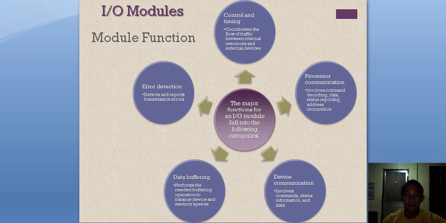The data are buffered in the input-output module and then sent to the peripheral device at its data rate. In the opposite direction, data are buffered so as not to tie up the memory in a slow transfer operation. Thus, the input-output module must be able to operate at both device and memory speeds.